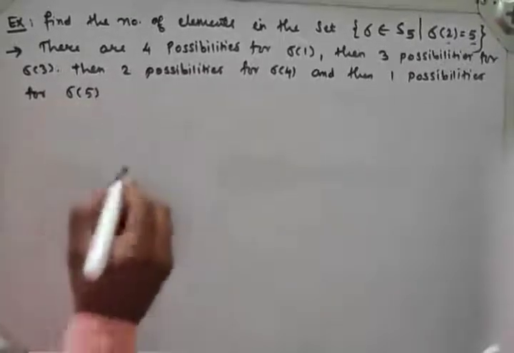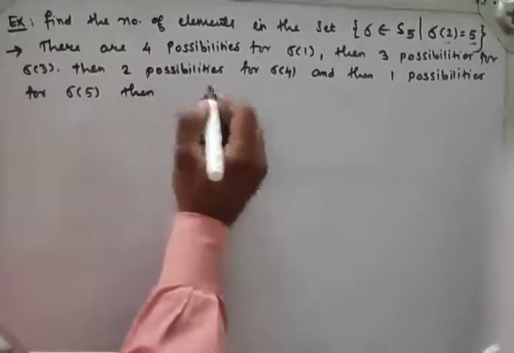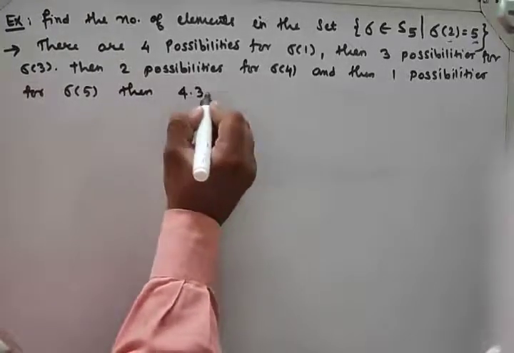Then in total there are 4 into 3 into 2 into 1.